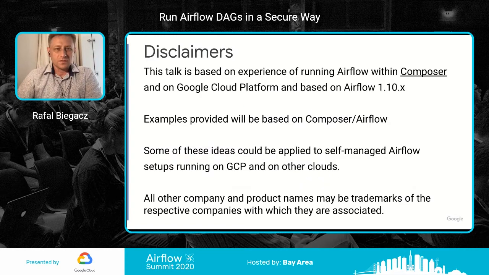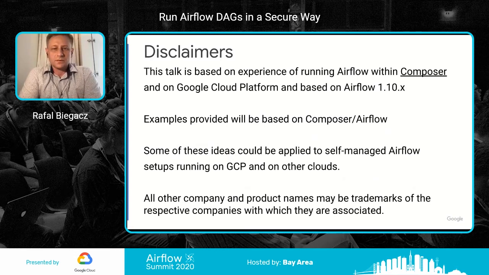Before we proceed, a little bit of additional information. This talk is based on the experience of running Airflow within Composer and on Google Cloud Platform, and the ideas presented here are mostly based on Airflow 1.10.x.